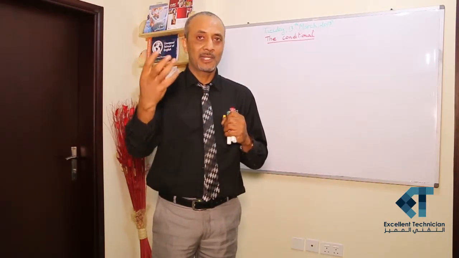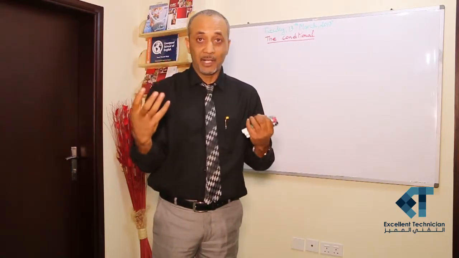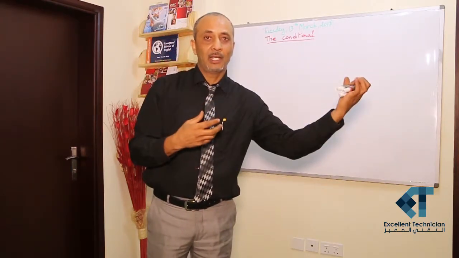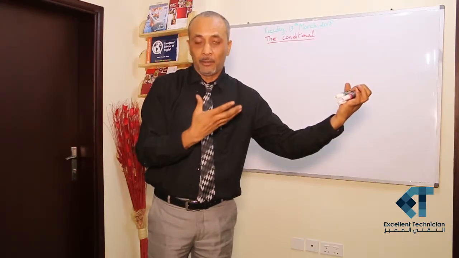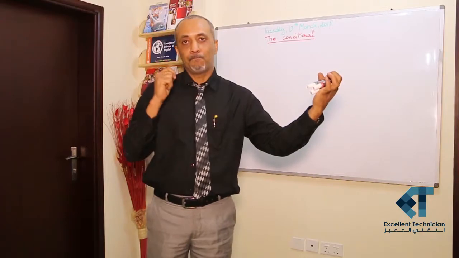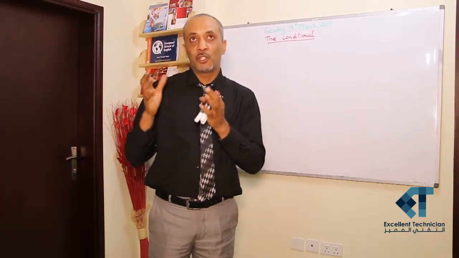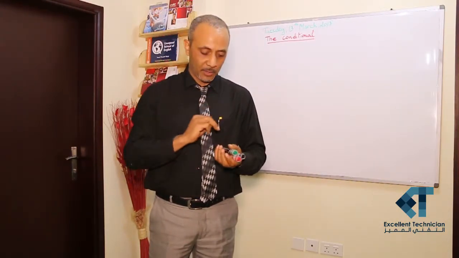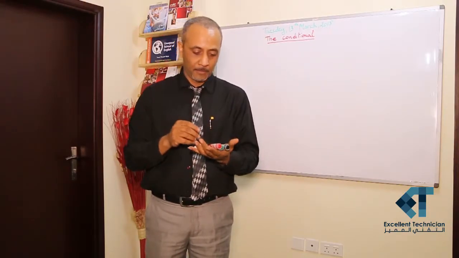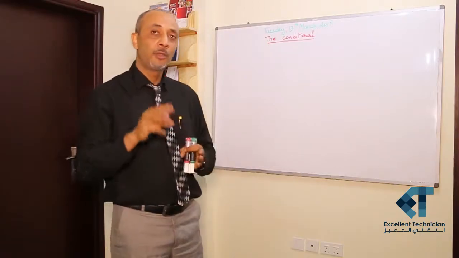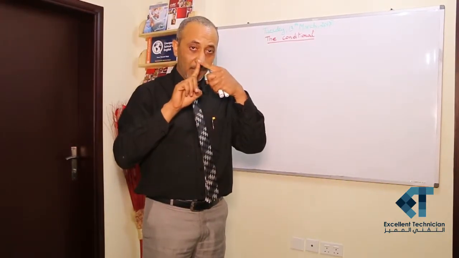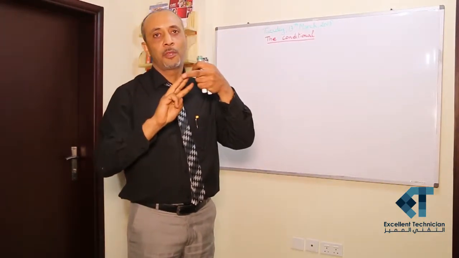If that circumstance is not provided, that fact cannot happen. These types of conditions are classified into three types, three genders or categories. And that leads us to classify the conditional into three types: conditional 1, conditional 2, and conditional 3.